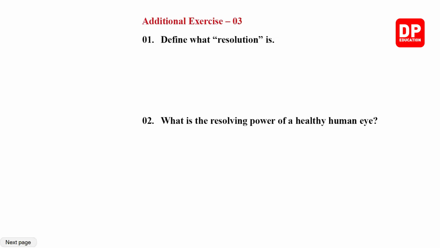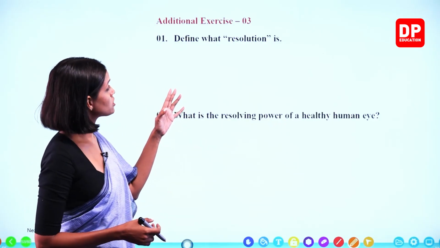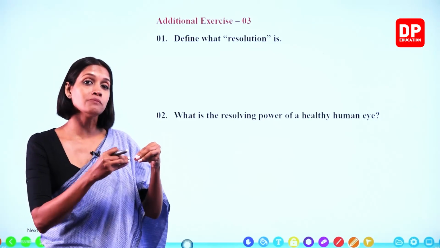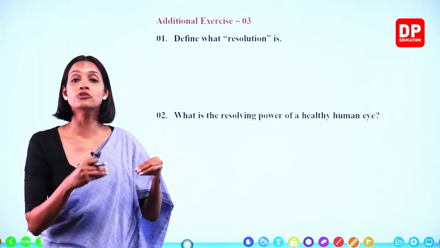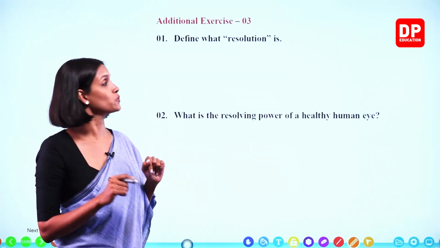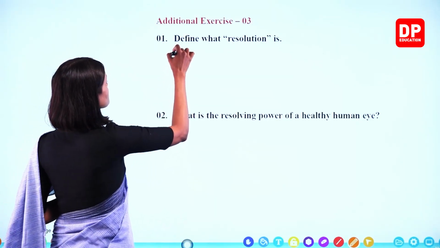Right. Exercise number 3. Define what resolution is. What is the meaning of resolution or resolving power? The minimum distance there should be between 2 dots, 2 points, in order to be identified as 2 distinct points. Okay? Let's write.